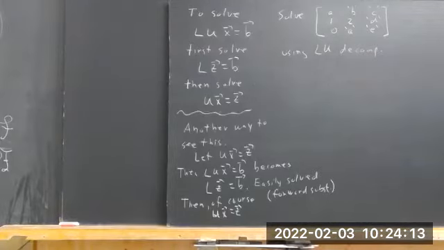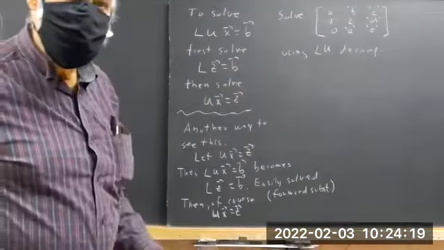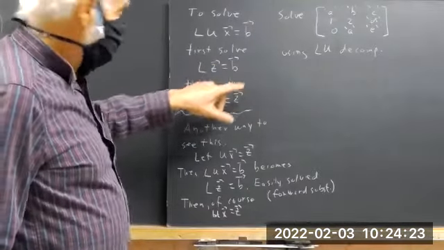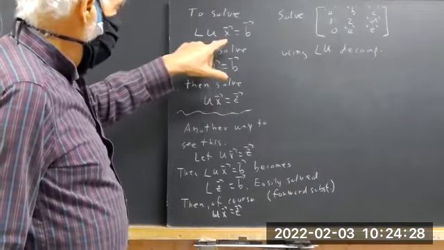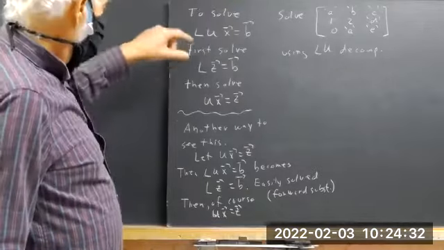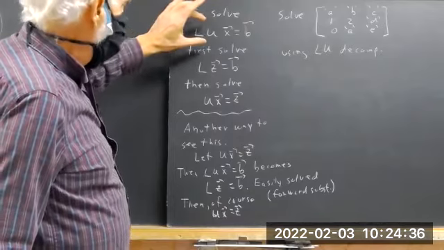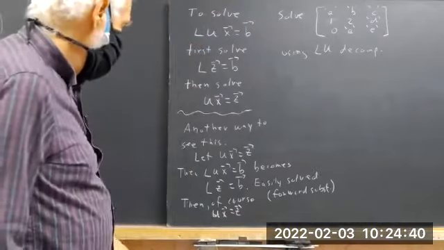Let's see that again, just to make sure we got it. So LUx = b, and it doesn't hurt you to hear it the third time. You first solve Lz = b, because that tells you what you've got to multiply L by. Of course, you're multiplying on the left: you're multiplying Ux by L, so Ux would have to be z.